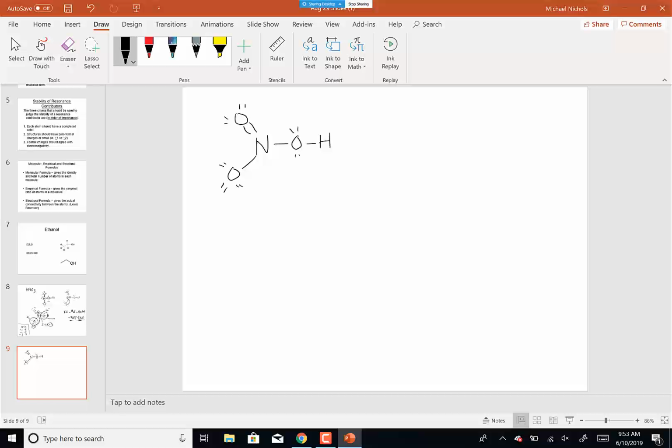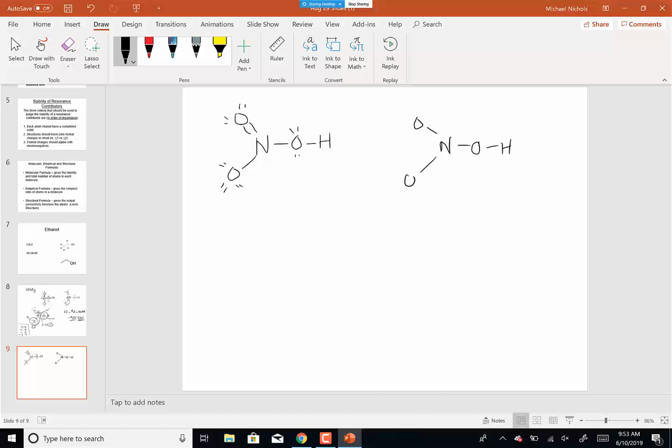Now, I'm going to have to enforce some rules here. You are not allowed to break any bonds or make any new bonds, other than maybe a double bond. So you're not allowed to break the sigma bond, single bond structure of the molecule. You're not allowed to move atoms. So if I was to draw another Lewis dot structure, it needs to look like this.